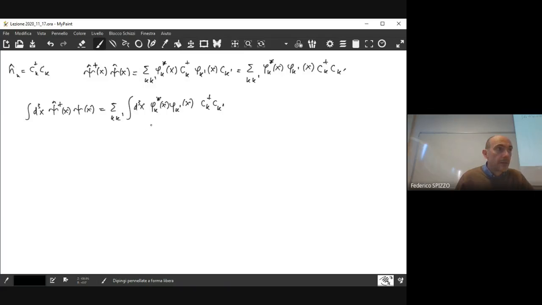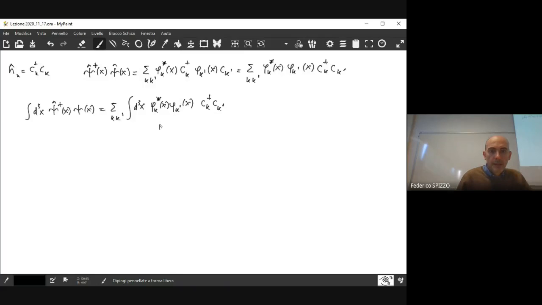This is actually the scalar product of those two levels, and if we choose the wave functions of the levels to be orthogonal with each other, this integral is different from zero only if k is equal to k prime. So the fact that we require the integral to be different from zero gives us a constraint on the indexes of the levels.